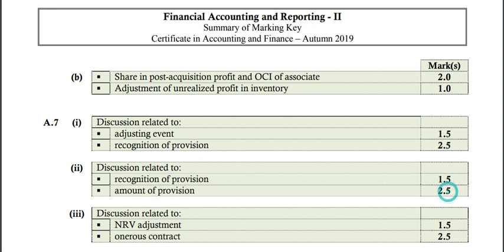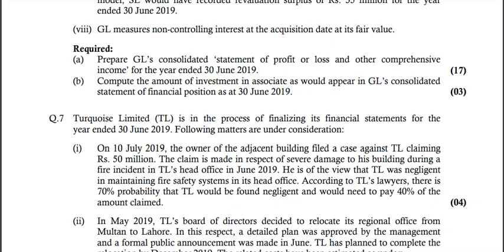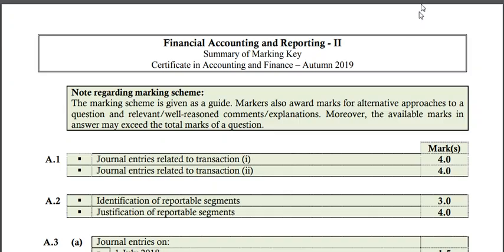And one more thing, at the top, ICAP has written a note.